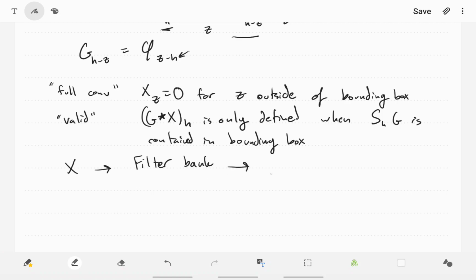And then you would vectorize this, which just means you would turn those into features that would then be fed into your favorite classifier. That could even be a multi-layer perceptron.